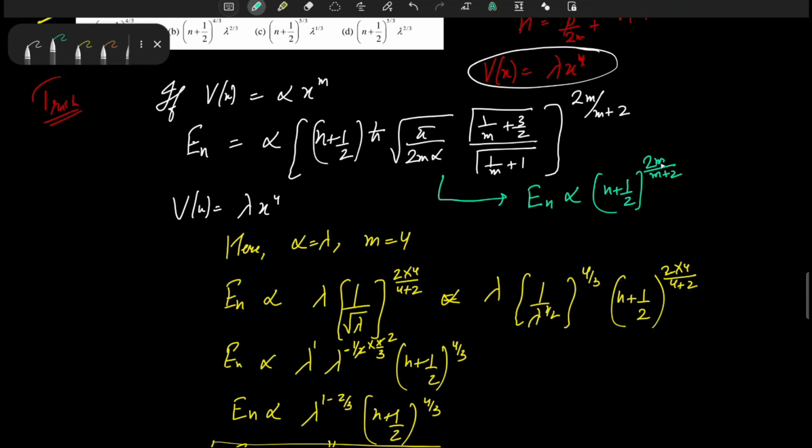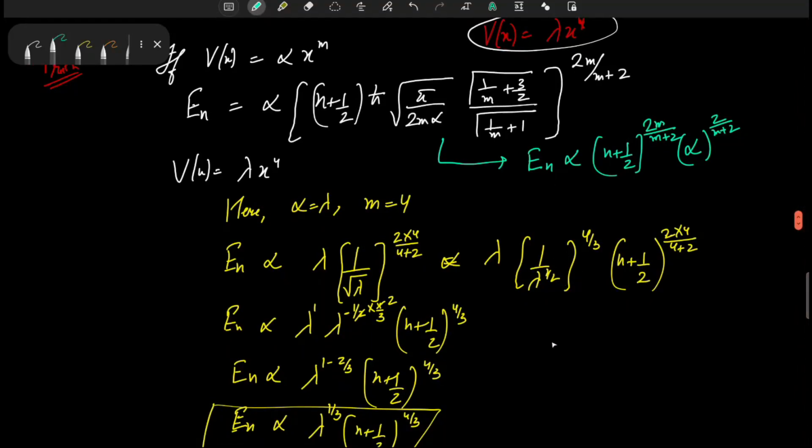En is proportional to n plus half raised to power 2m by m plus 2 and alpha raised to power 2 by m plus 2. If you solve this, alpha into 1 by root alpha raised to power 2m by m plus 2, you will get 2 by m plus 2. So you apply here in this question, En will be proportional to n plus half raised to power 2m by m plus 2.